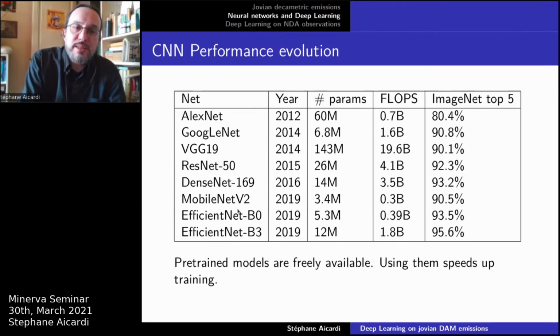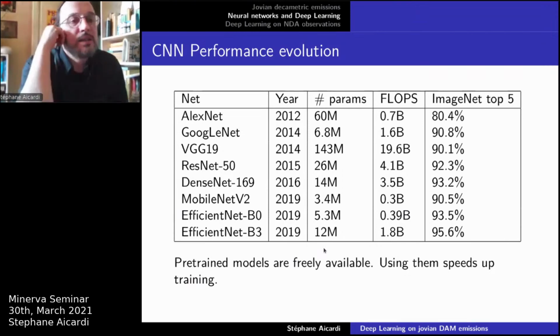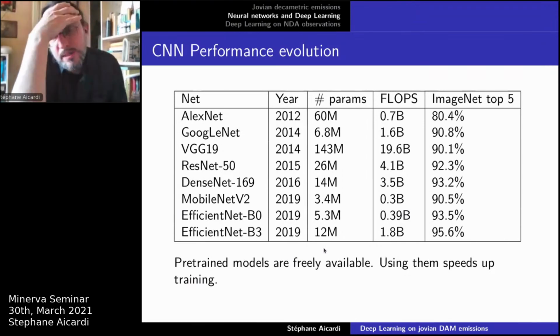And EfficientNet exists in many sizes. So B0 is the smallest one. It can grow to B7, which I didn't put here, which is quite huge, but is way smaller than its competitors.